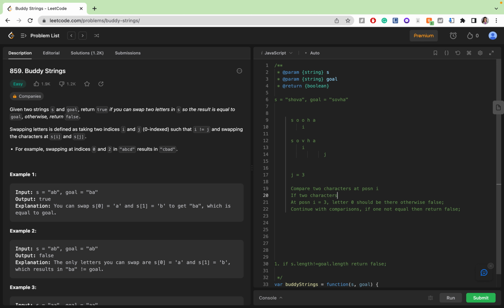If two characters are not equal, then I will start J at I and look if there is another character somewhere, right?